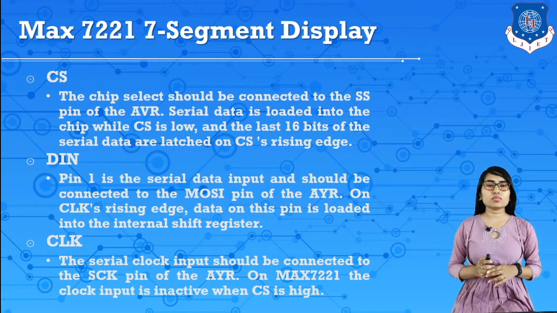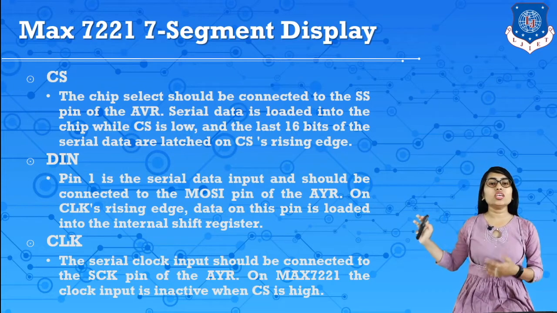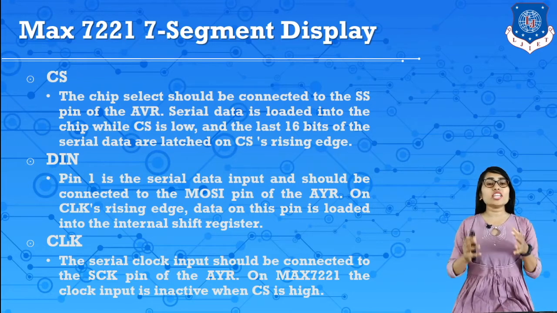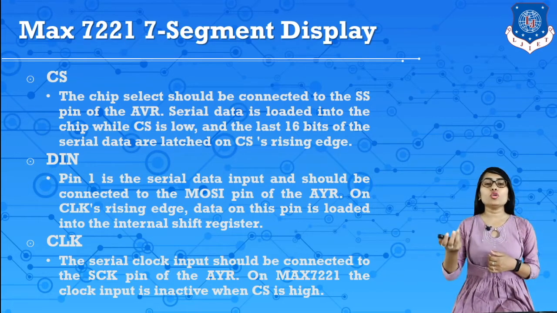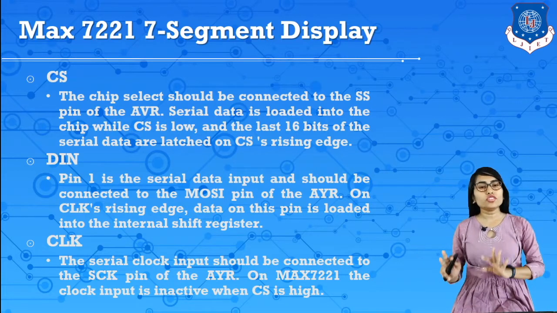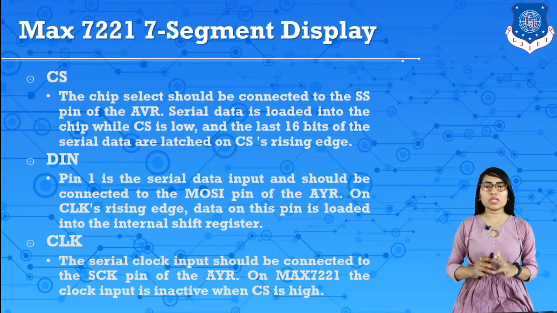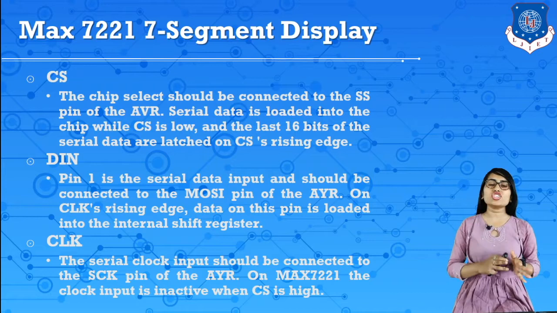Then DIN, pin 1, is the serial data input and should be connected to the MOSI pin, that means master output slave input pin of the AVR. On the clock's rising edge, the data on this pin is loaded into the internal shift register.